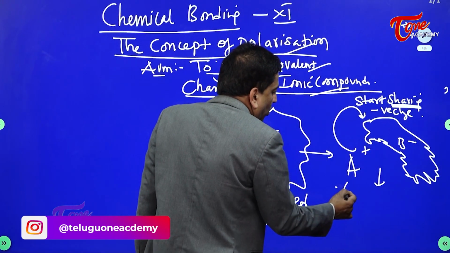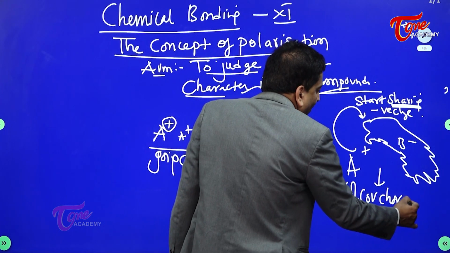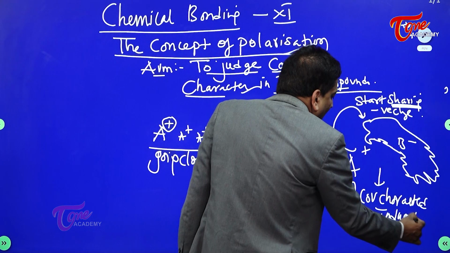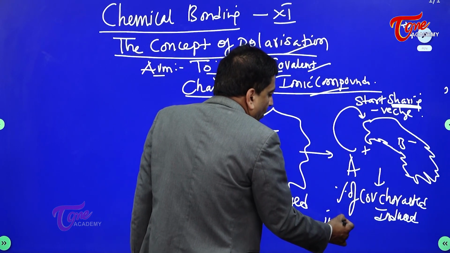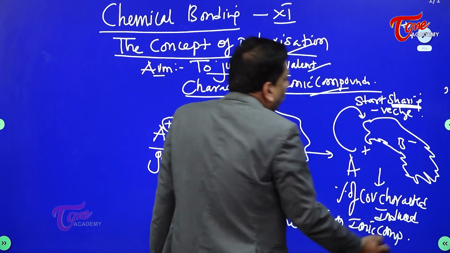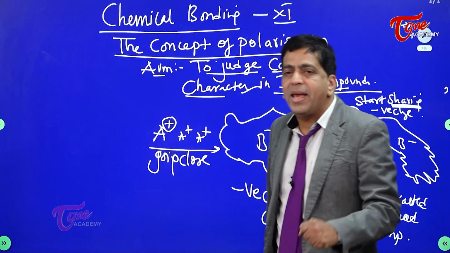Some percentage of covalent character is basically induced into ionic compounds. You must understand that. That is the pictorial representation I'm making.